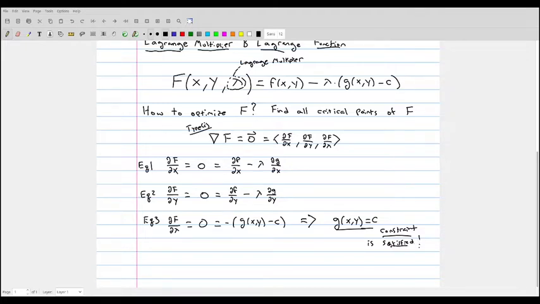This is the first big point here: the constraint has to be satisfied at any local minimum of the function capital F. So let's say we have some local minimum or local maximum, x star, y star, and lambda star, some solution to these three equations.